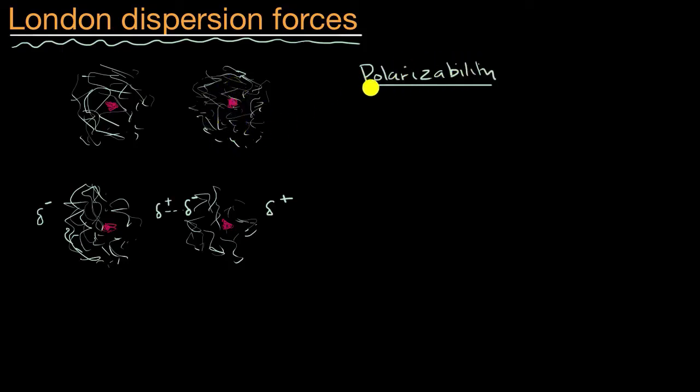Generally speaking, the more electrons you have, so the larger the electron cloud, which is usually associated with molar mass, the higher polarizability you're going to have, because you're going to have more electrons to play around with. If this was a helium atom, which has a relatively small electron cloud, you couldn't have a significant imbalance.